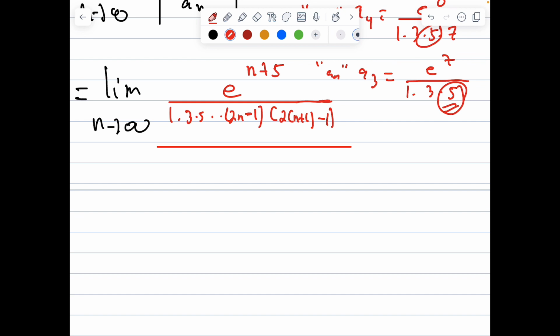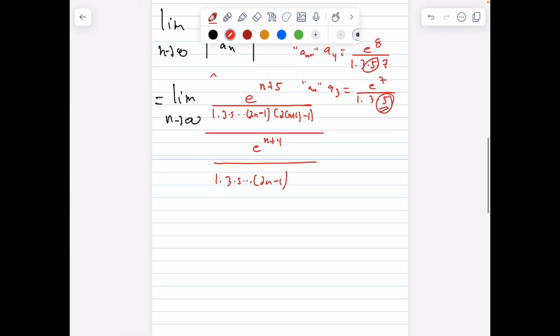So that's what a_n is. Now a_(n+1), excuse me, I'm going to divide by a_n, which would be e to the n plus 4 over 1 times 3 times up to 2n minus 1. Let's divide and simplify this a bit.